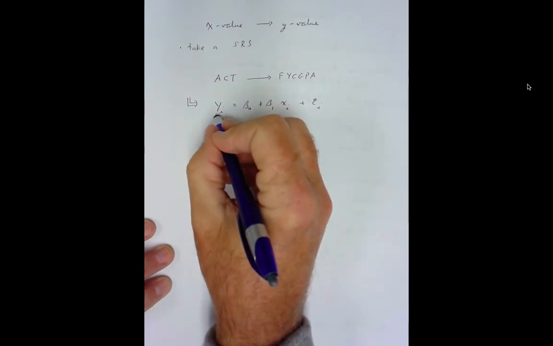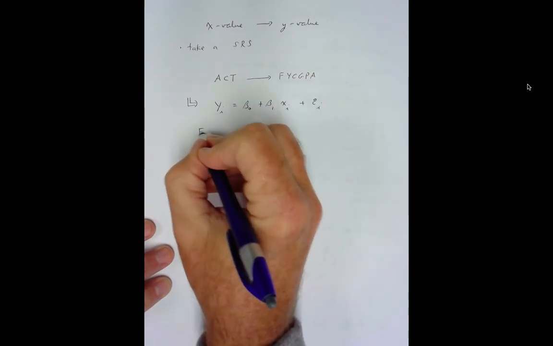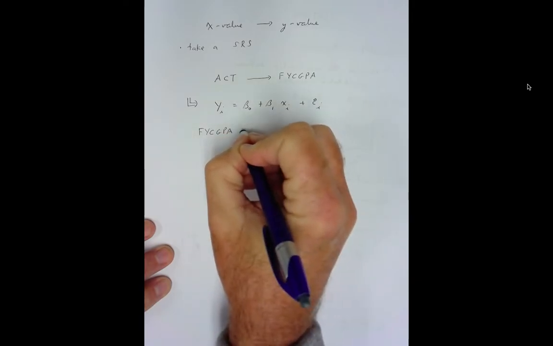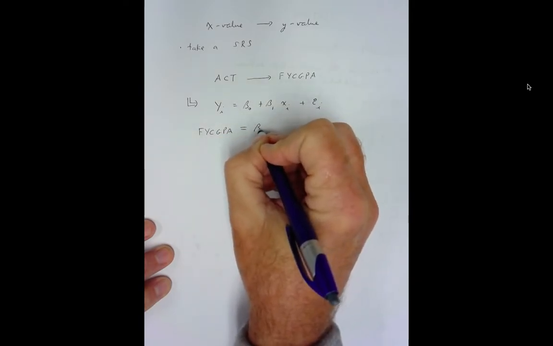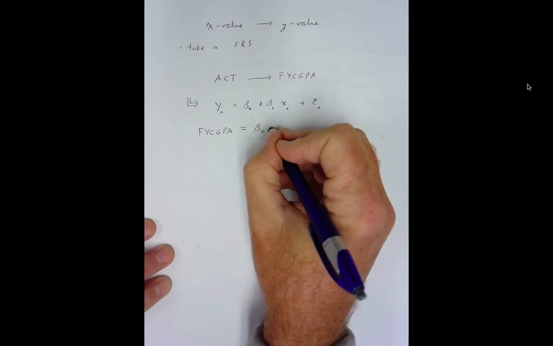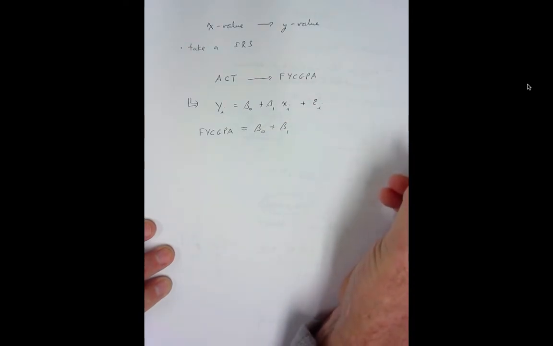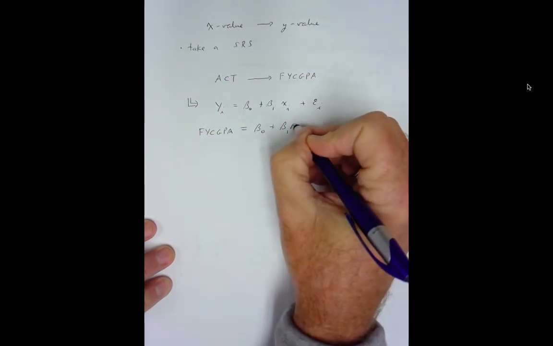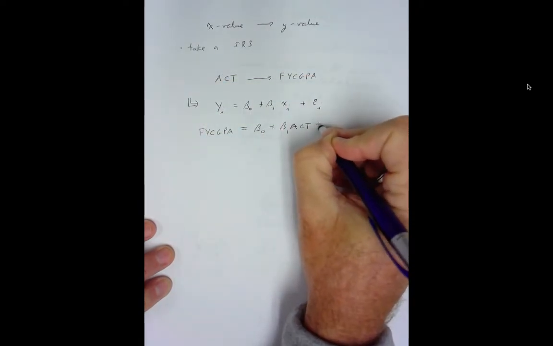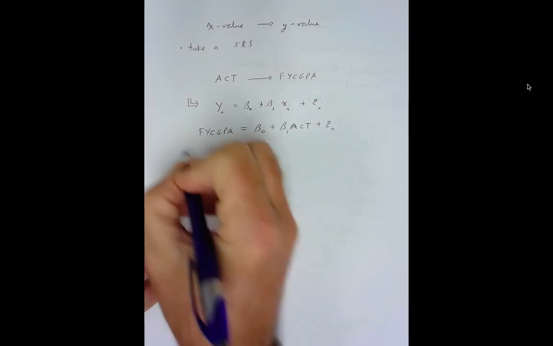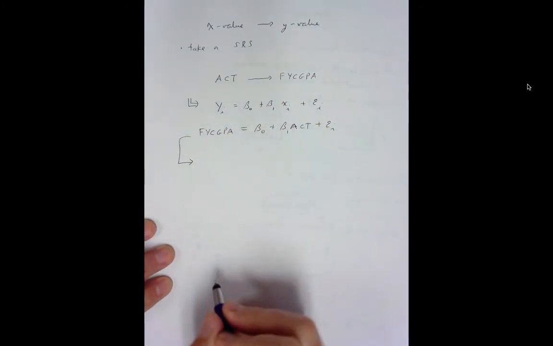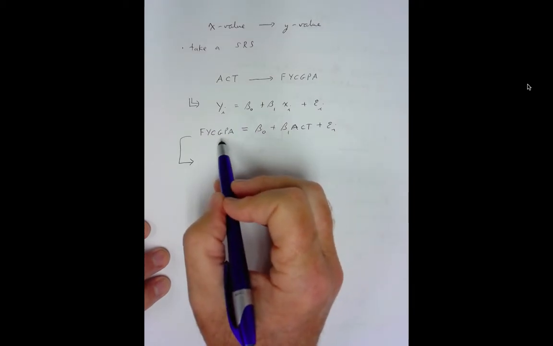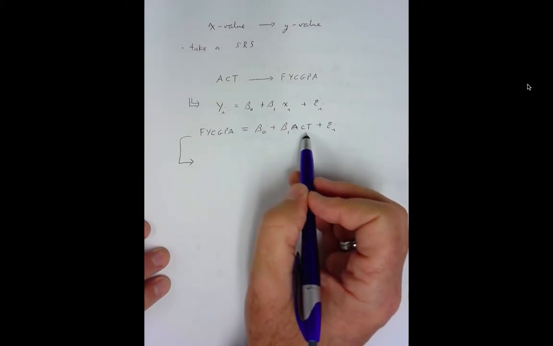So we would have y, which is our first-year college GPA, equal the population intercept plus the population slope times the x value, which is ACT, plus the error term.